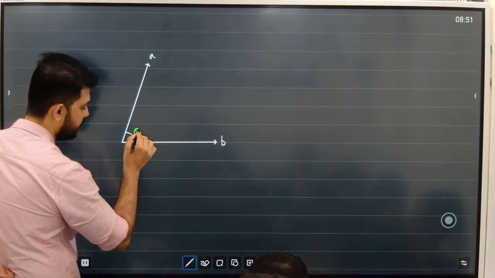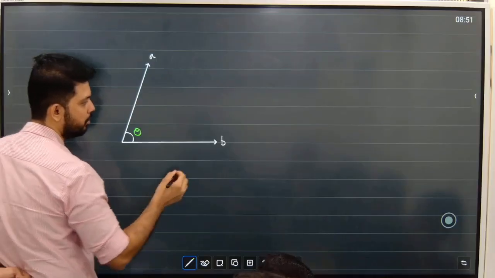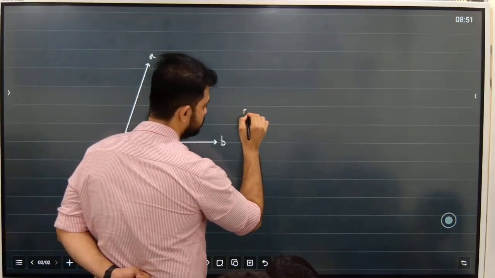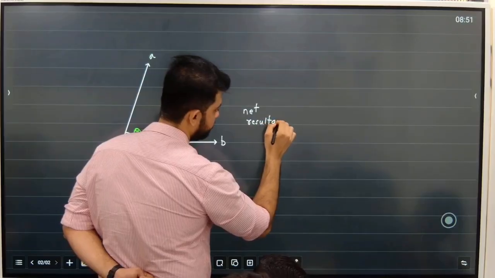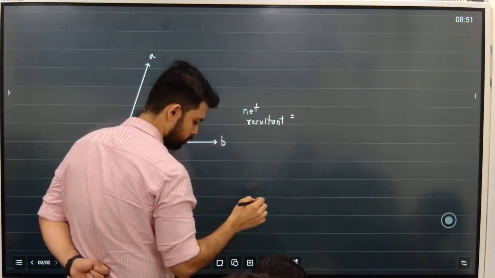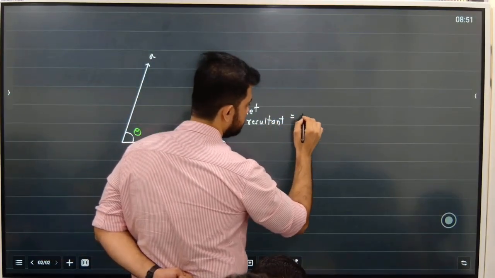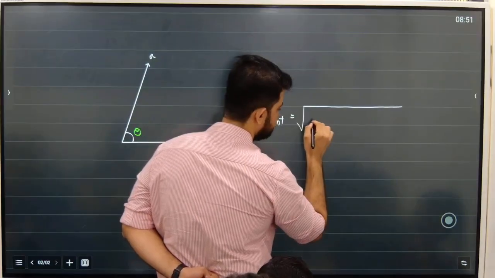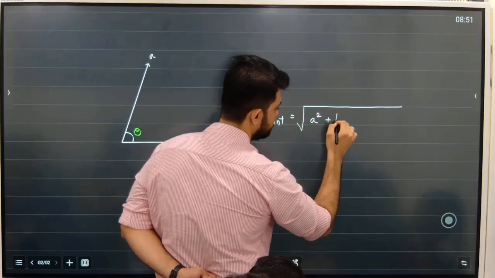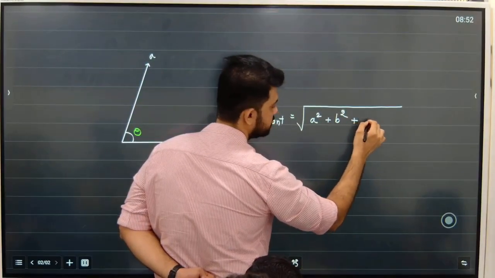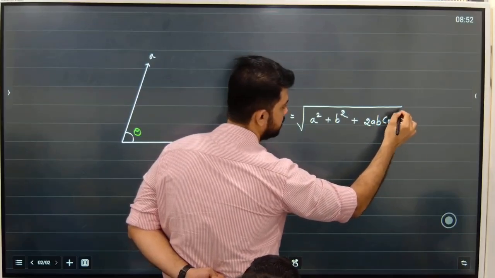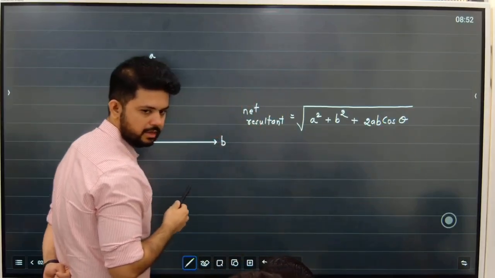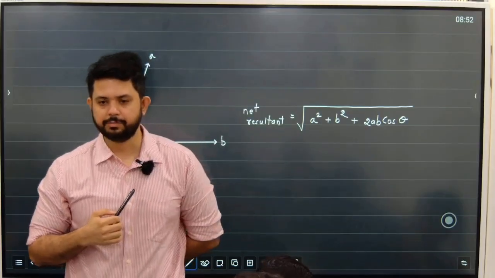What will the formula be for the net resultant vector? The net resultant is given by the formula under root of a square plus b square plus 2ab cos theta. You have studied this in physics, vector product of two vectors.